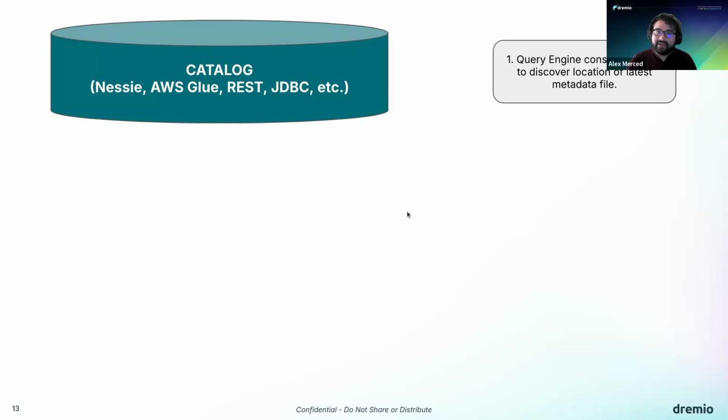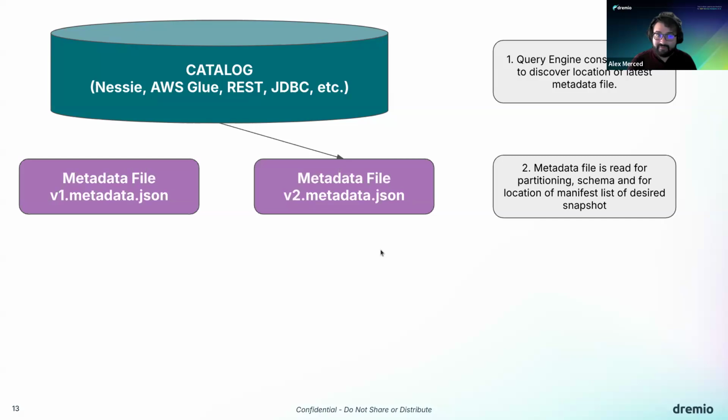But Apache Iceberg breaks down its metadata into 3 layers. There's the metadata.json, which tells you the schema of the table, how the table is partitioned, the snapshots of the table, all the high-level details, that is the structure of the table. So a query engine like Dremio would access the catalog that you've connected to Dremio. Then it would say, this is the metadata file for that particular Iceberg table.